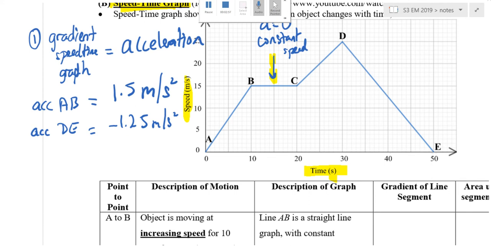Okay. Now, notice that DE, acceleration is decreasing. Now, this negative doesn't mean the real negative. I repeat. There's no such thing as negative speed.